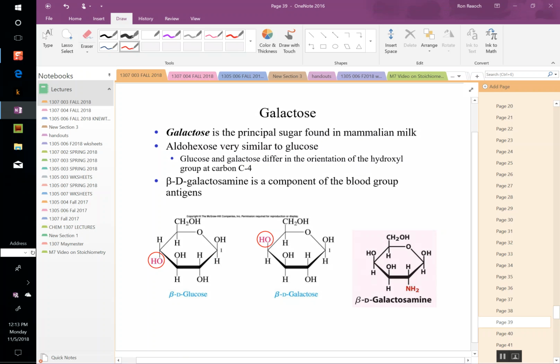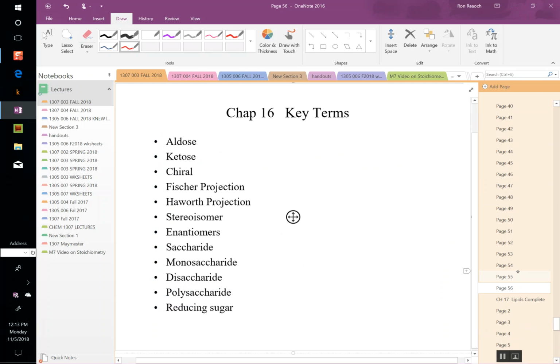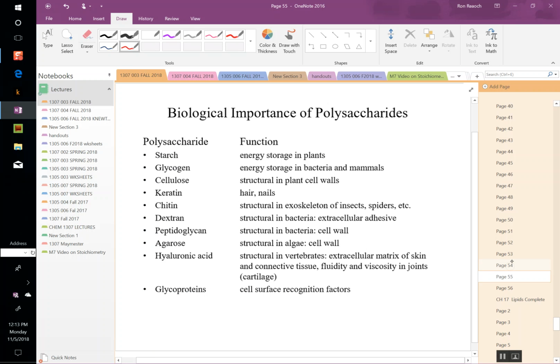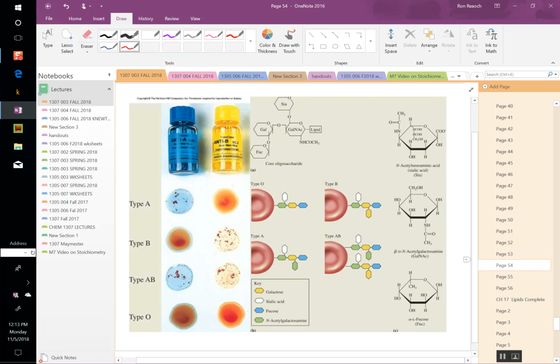All right, I'm not going to finish yet, but let me go to the last couple slides, and we'll do disaccharides and polysaccharides real quickly on Wednesday, and then get into chapter 17. But I just wanted to show you where else these monosaccharides show up. Blood antigens. So type A, B, AB, and O blood types. What is dictating that blood type? What's governing that?